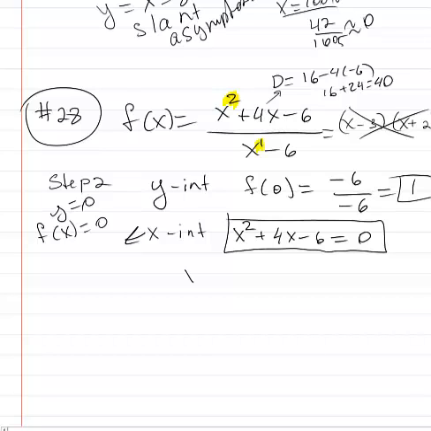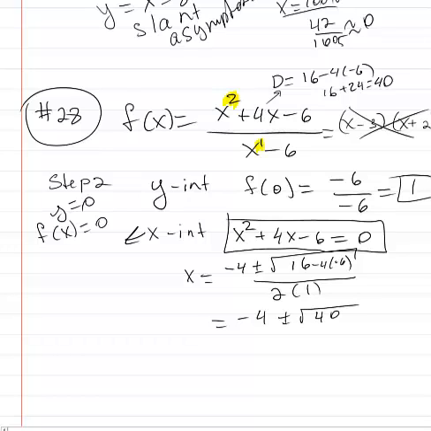And then we solve. So you get negative 4 plus or minus the square root of 16 minus 4 times minus 6, divided by 2 times 1. So it gives us minus 4 plus or minus the square root of 40, divided by 2.